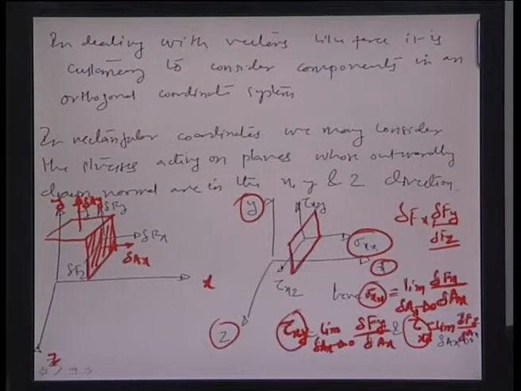This is just purely notational, and it is needed for understanding the different components of the principal and the shear stress when this plane changes between, let us say, a plane pointing to the x direction, a plane pointing to the y direction, and a plane pointing to the z direction in a rectangular coordinate system.